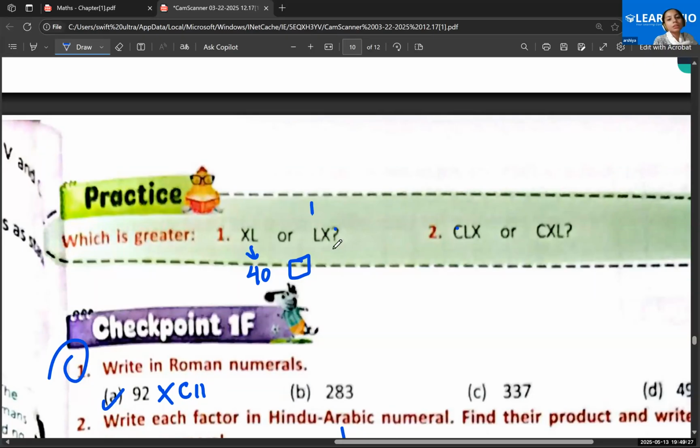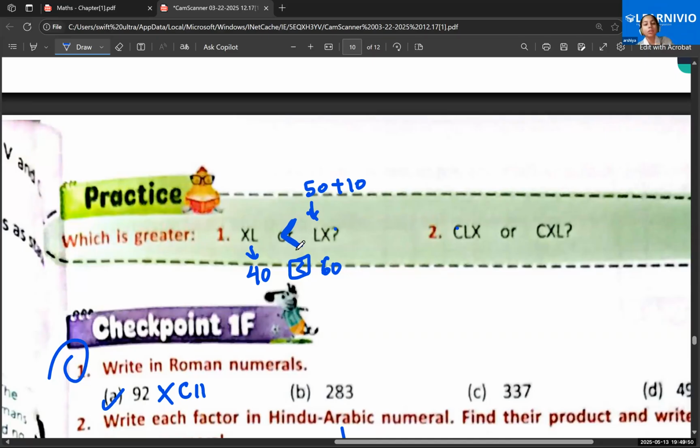L is how much? 50. L is 50 plus X, which is 10, will be 60. Now which one is greater? The bigger one is 60. So that means LX is greater.